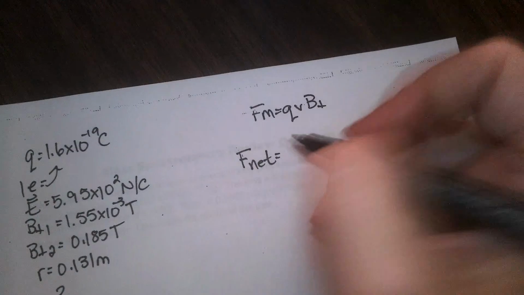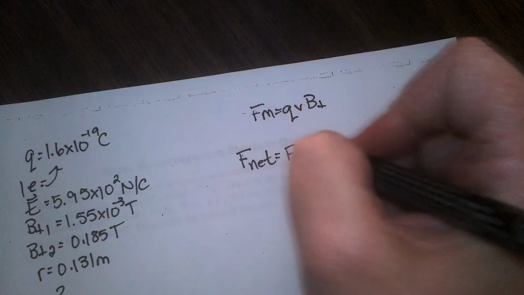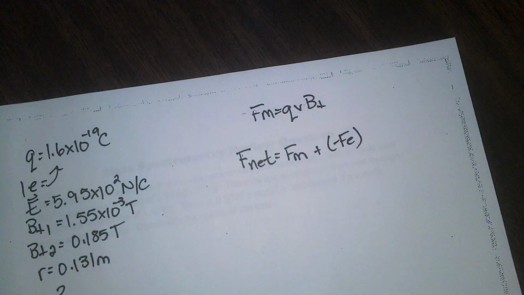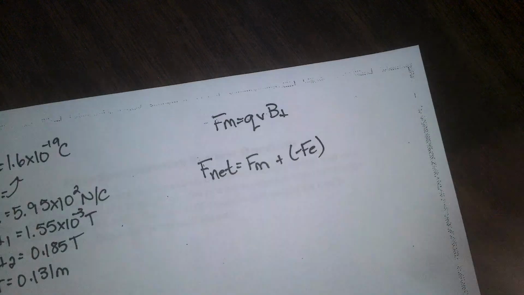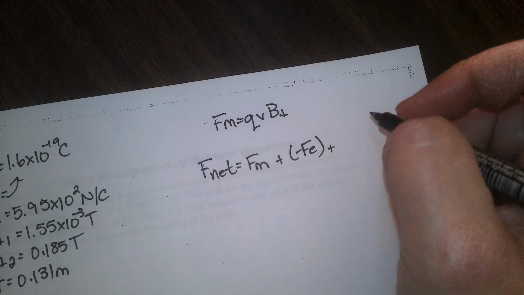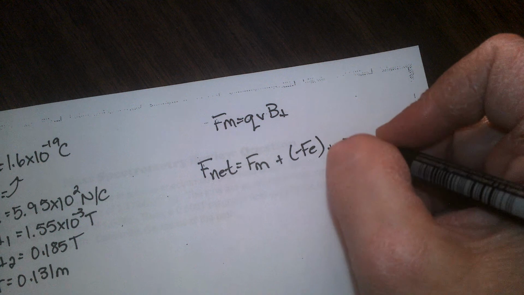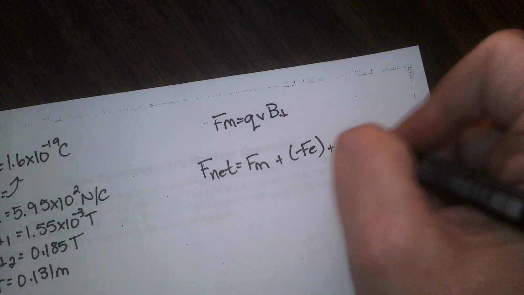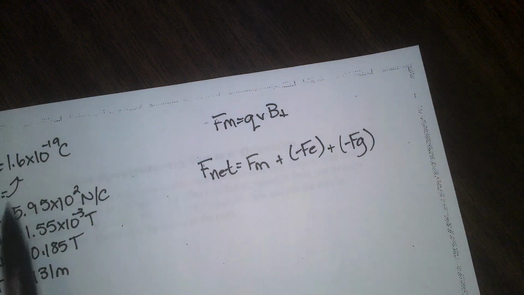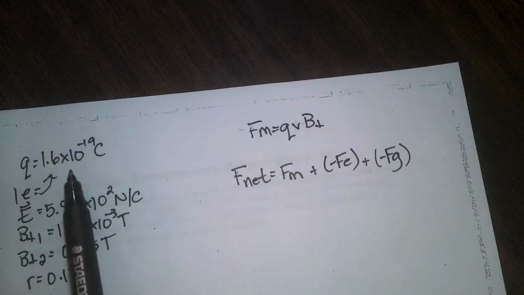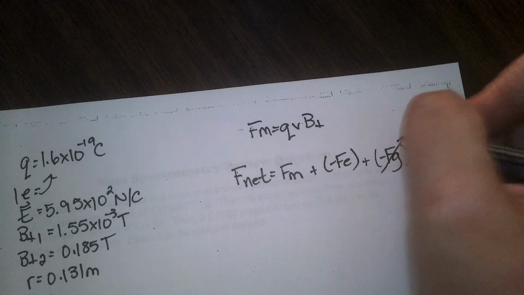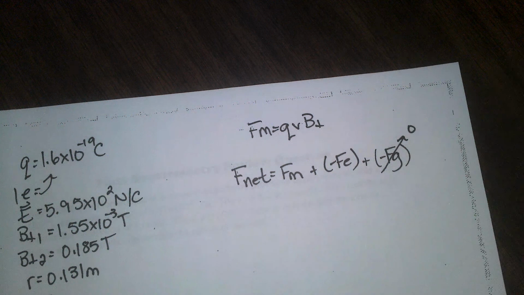So we're going to have force magnetic plus force electric, which is going down, so it's negative. And then what's always working downwards towards the center of Earth? Force gravity. However, when we look at it, this is an atomic level charge. So force gravity is 0.